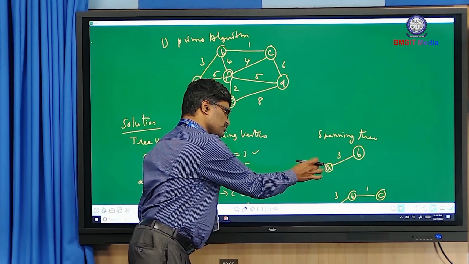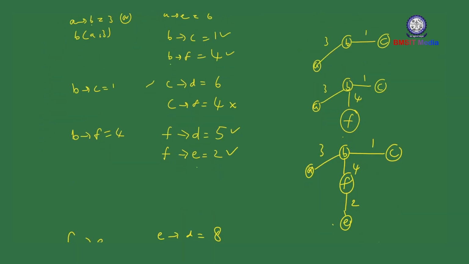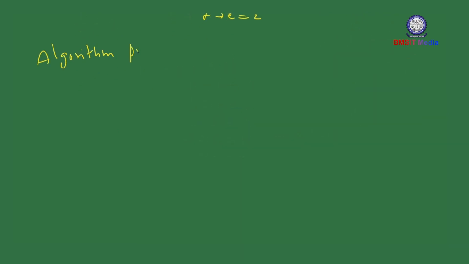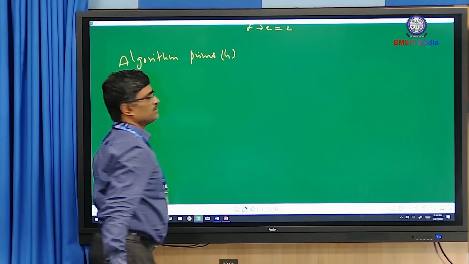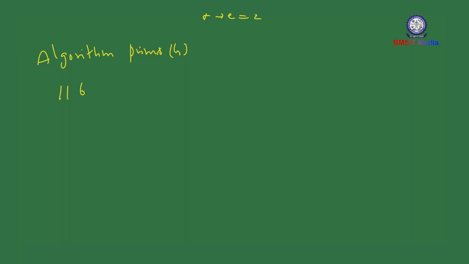Now always you have to start from the first node only. So let us move to the algorithm. The algorithm is very simple. The name is Prim's of G, where G is the graph. A graph is a set of vertices and edges.